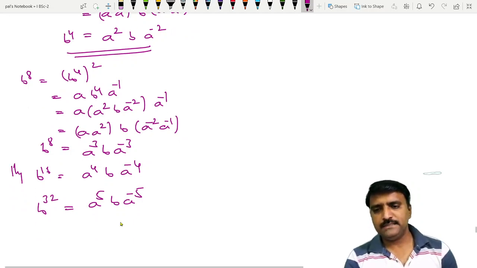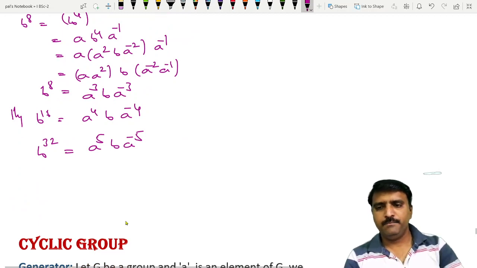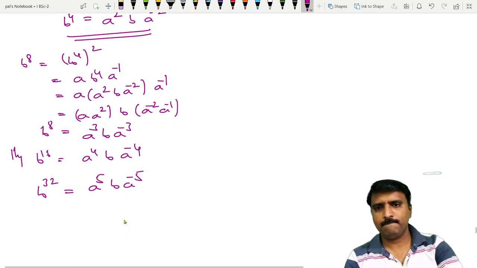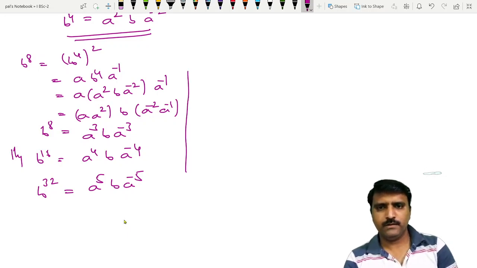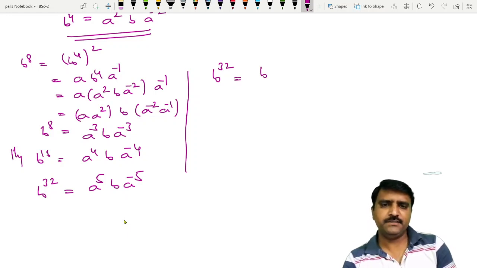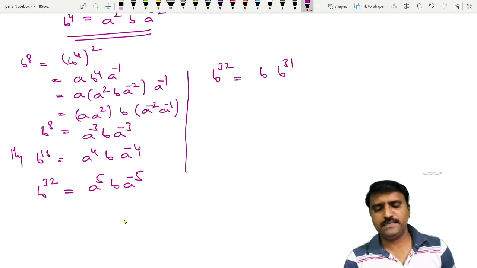Now you write b to the power of 32 is equal to a to the power of 5 b a to the power of minus 5, or you write it as b into b to the power of 31. B to the power of 32 can be written as b into b to the power of 31.